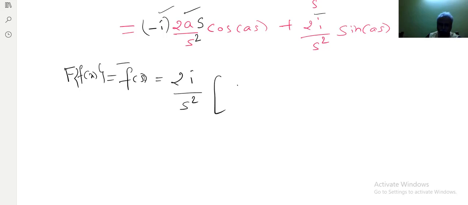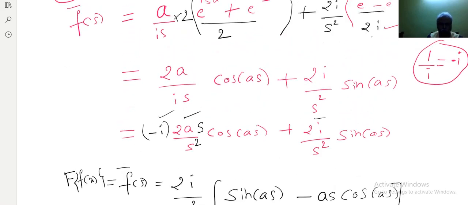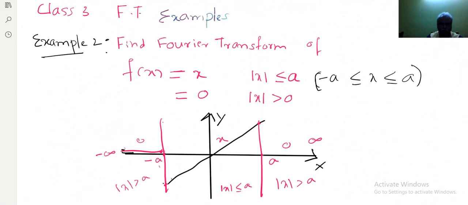This term I will write sine sa, second term is negative, 2i already taken, sa cos sa. This whole divided by s square you can write common. So to the given function of x, we have created a coded function of s. For the given time domain function of x, this is the frequency domain function of s. So quickly what we did, given any function of x, Fourier transform how to find?